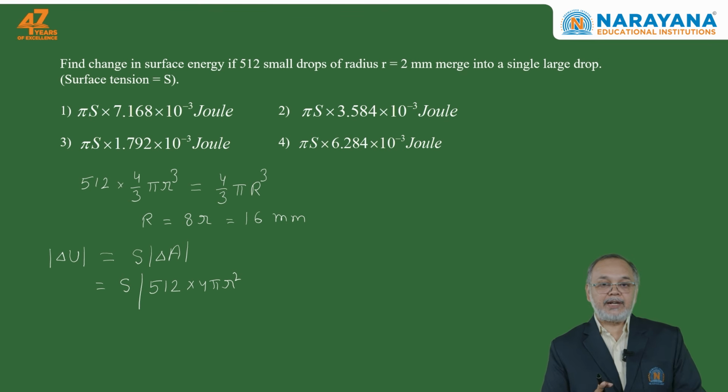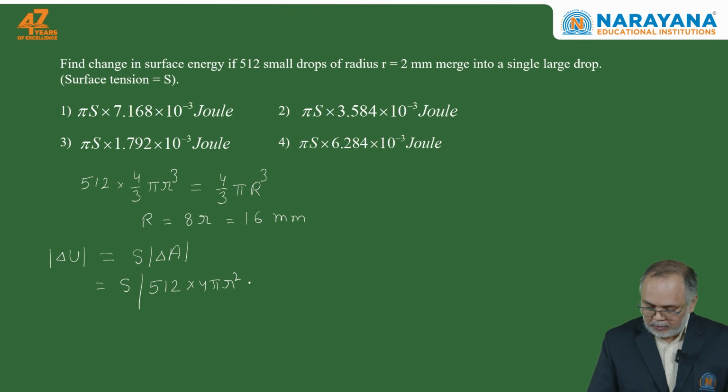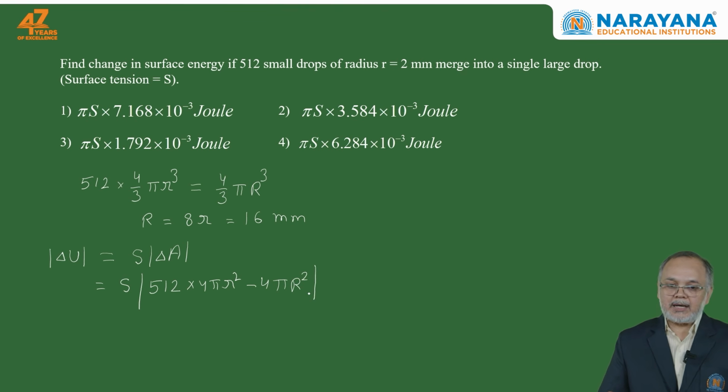We have 512 small drops. For a single drop, surface area is 4 pi small r square. And finally, what surface area we have? That is 4 pi capital R square. We have a single large drop of radius capital R.